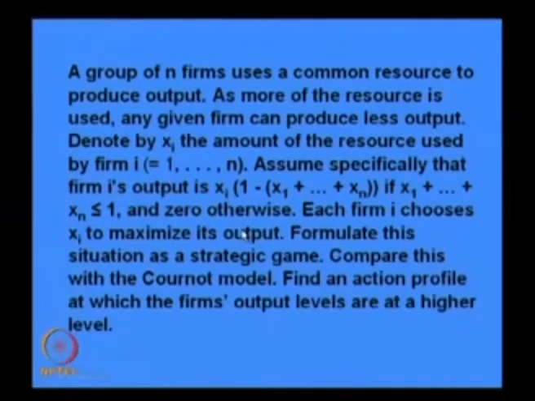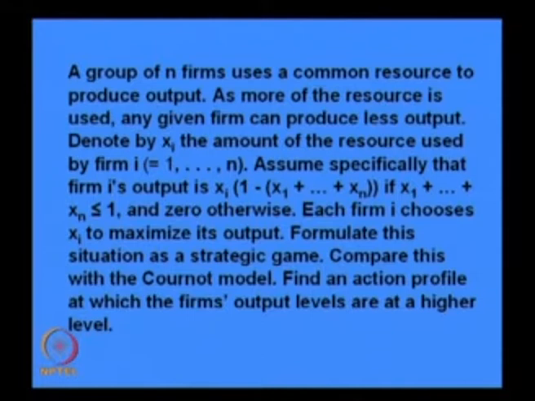So let me start with this discussion. This is the question: a group of n firms uses a common resource to produce output. As more of the resource is used, any given firm can produce less output. Denote by xi the amount of resource used by firm i, where i goes from 1 to n.